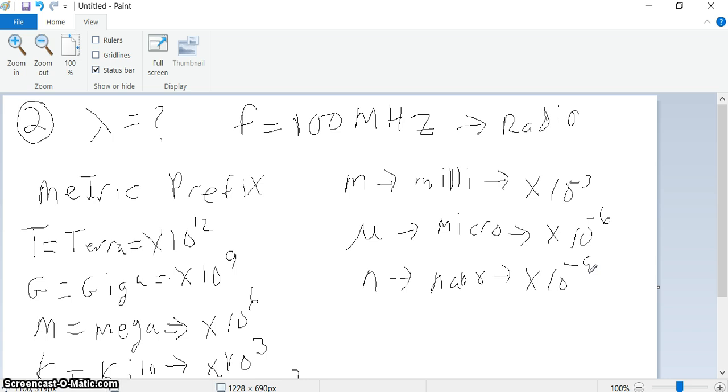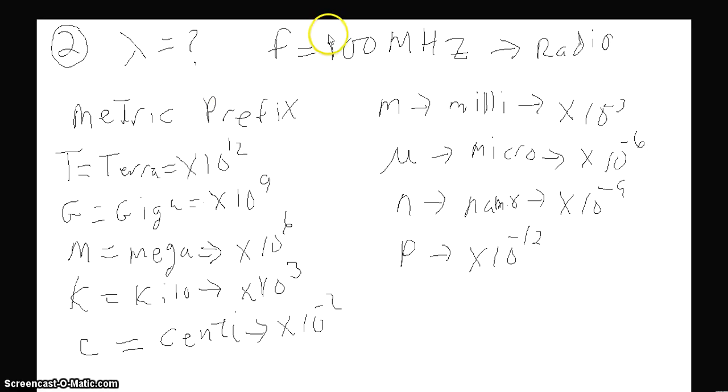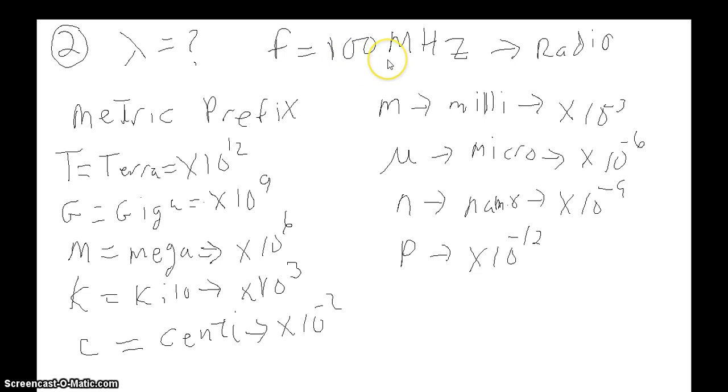I don't know that you need pico, but I'll put it in here just for completeness. It's times 10 to the minus 12th. All right, so let's go back to the beginning and look at our problem. Notice it's 100 megahertz. By the way, that's in the FM range. They tell us that in the problem.